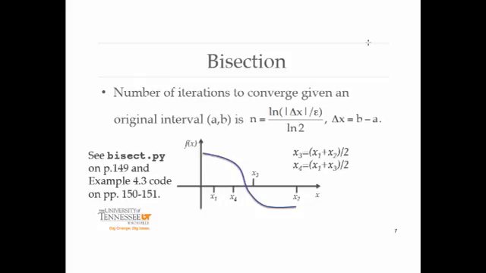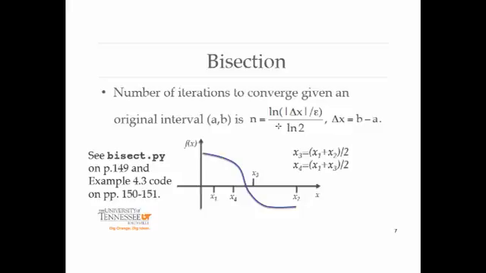It turns out that we can numerically compute the number of iterations it would take to converge, given an original a, b for this bisection approach. The formula is indicated here. I'm not going to ask you to prove it, but it's important to know it and to be able to use it. The number of iterations is the natural log of delta x divided by epsilon, divided by the natural log of 2.